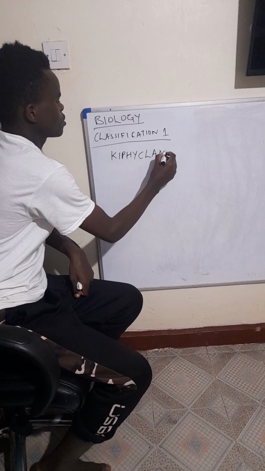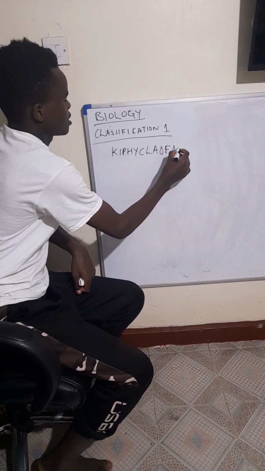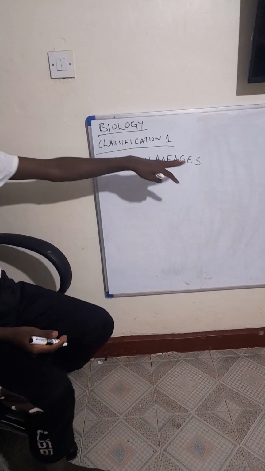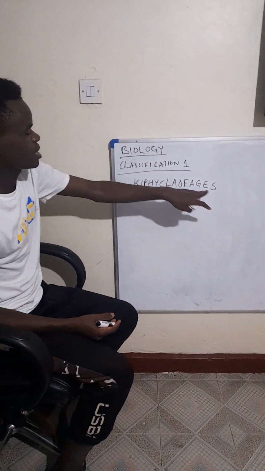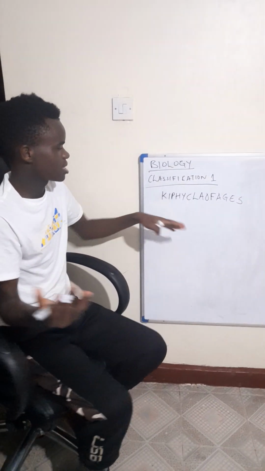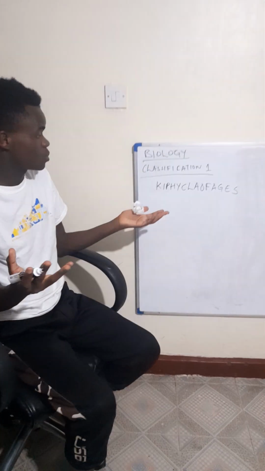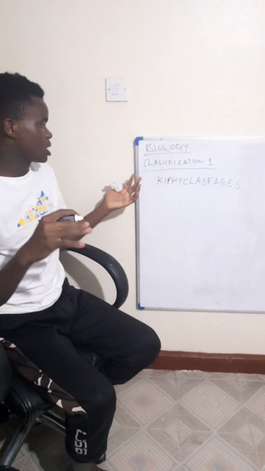This is the one I used when I was in high school. Kifiklavophages, just like that. This summarizes all those units of classification, because you may be required to name them in order.